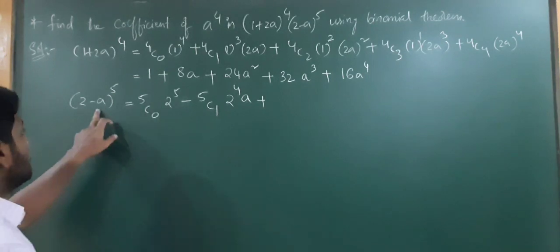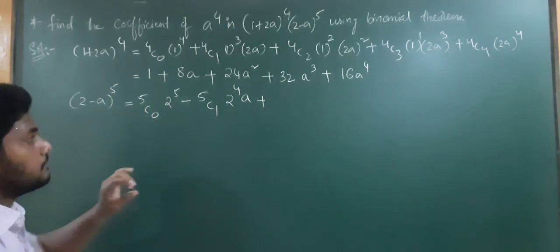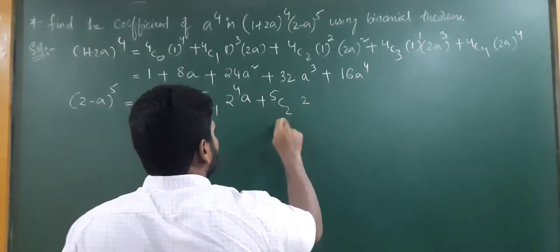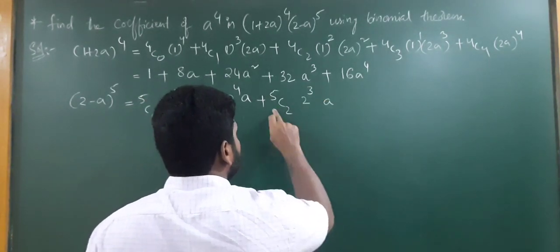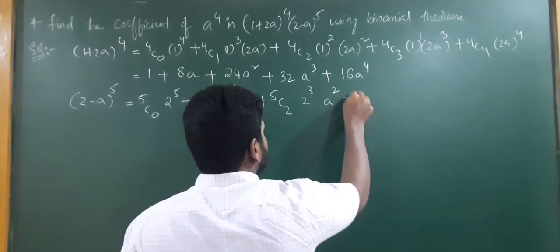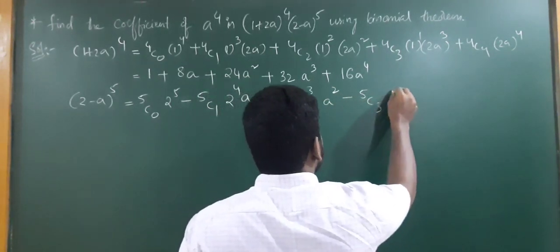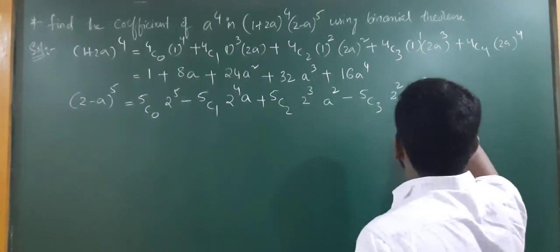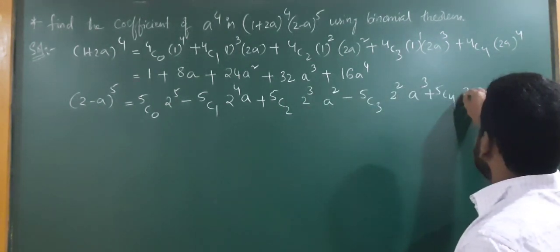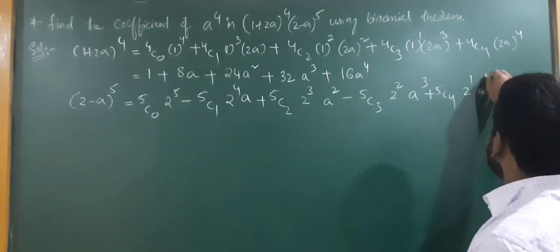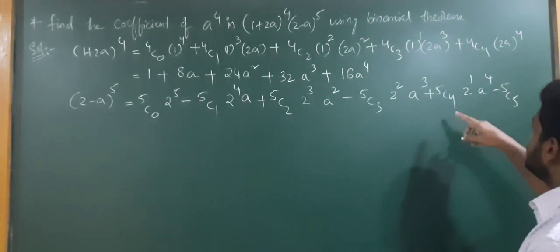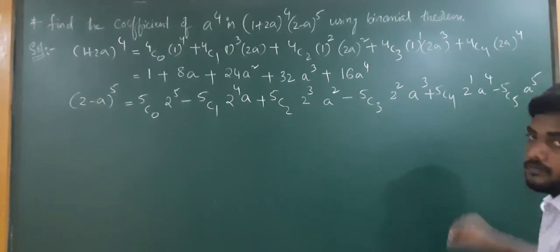Why? Because minus power odd number only will give minus. So next is 5C2 2 to the power of 5 minus 2, that is 3, into a to the power of 2. Next minus 5C3 into 2 square into a cube plus 5C4 into 2 power 1 into a to the power of 4. Next minus 5C5 into a to the power of 5.